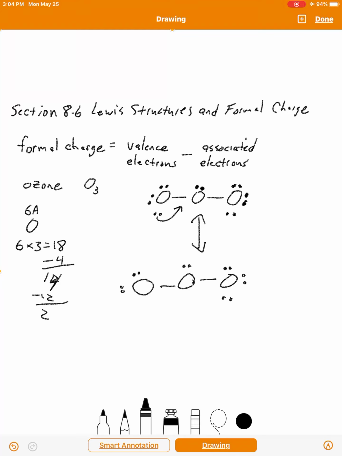And now we have a double bond, right? This pair right here formed a double bond. Now the oxygen in the center has 8. Let me clean this up a little bit and make it a little nicer looking.